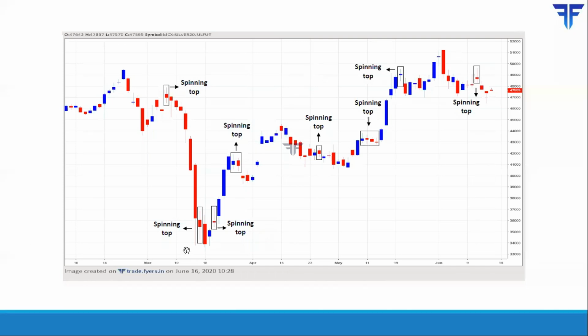As was the case over here, you have to combine it with the subsequent or with the nearby price action, and then decide whether I should trade based on the emergence of a spinning top or not. Because it appears very frequently, kindly do not get into the habit of trying to trade every spinning top. Instead, it should be used in conjunction with other Japanese candlestick patterns or with other price patterns.